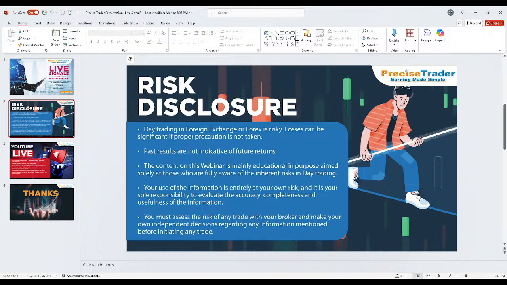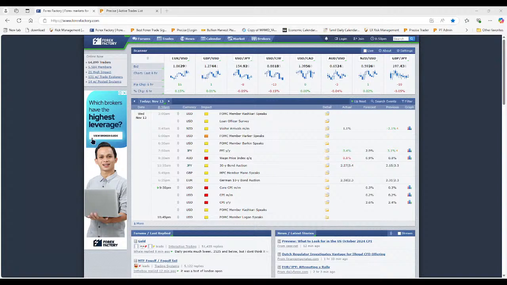In fact, today we are going to look at the data that is going to be out tonight, which is CPI data, which is going to be very important. This will be out in 30 minutes, and we believe that this data is going to have a very big impact.